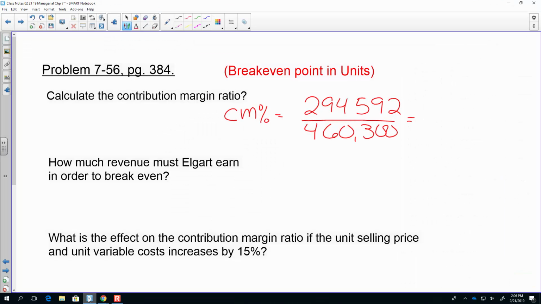Okay, excellent. So not a bad margin, guys, 64%. So this company is making 64 cents on every dollar sold. Pretty healthy. I like that.